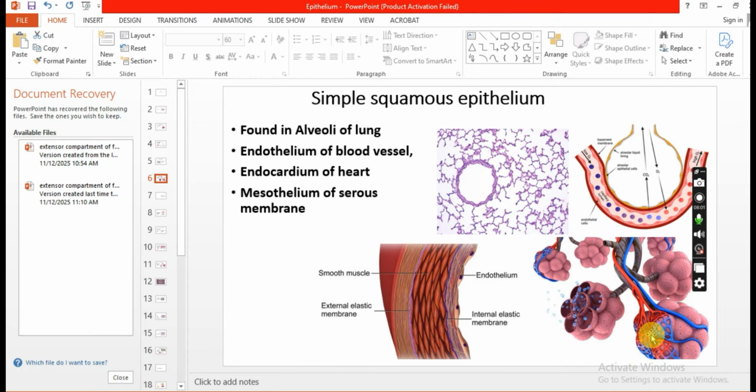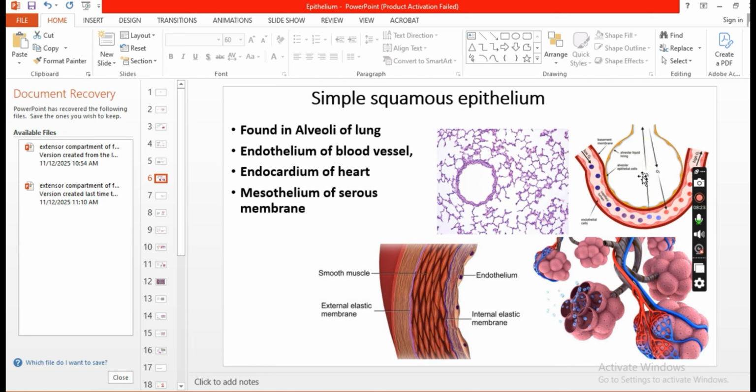The blood is taken into the lungs for oxygenation. So this capillary blood has got carbon dioxide in it, whereas the alveolus is filled with the oxygen we inhale. Now the exchange happens.